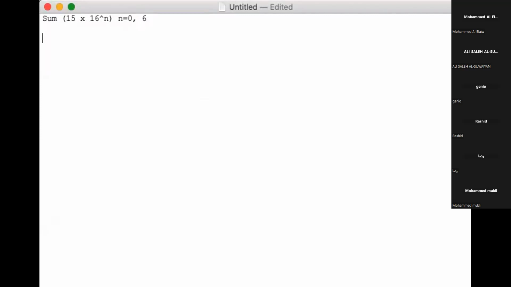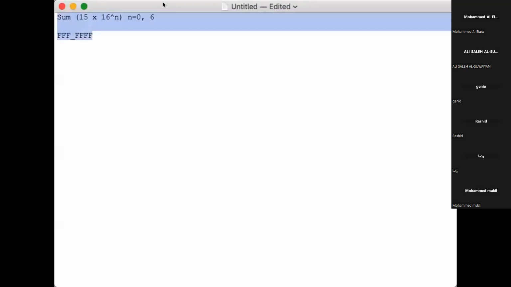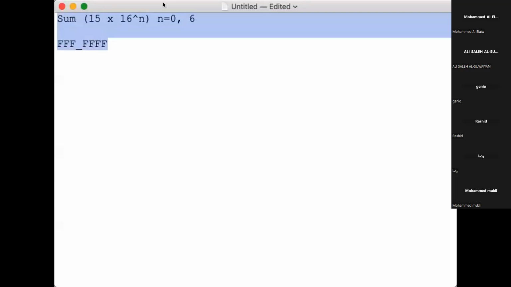So if you have this, think about this number, F. I'm sorry, there are so many F's here, but anyway, it's 7 F's. Let me put an underscore between them to make it clear, and make the font larger.